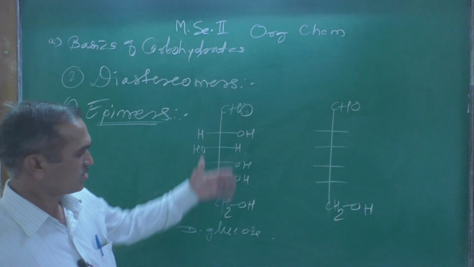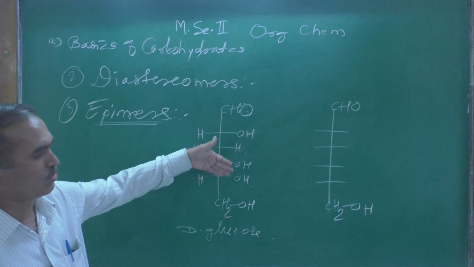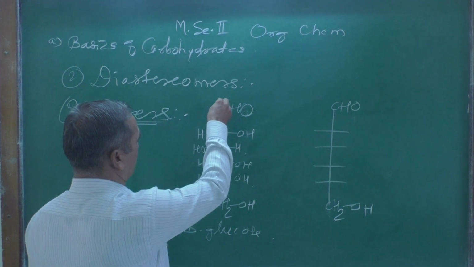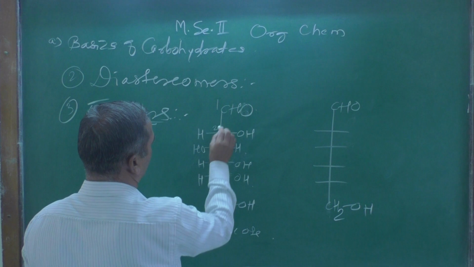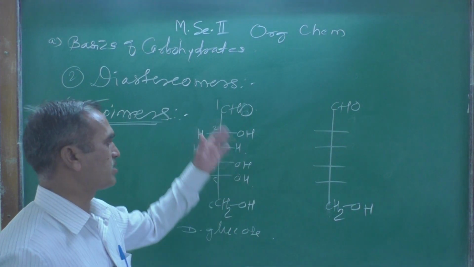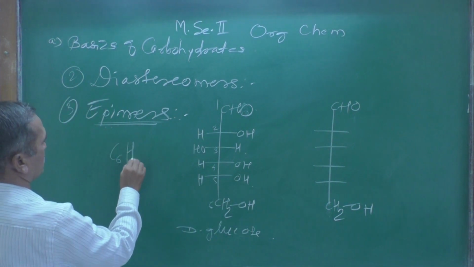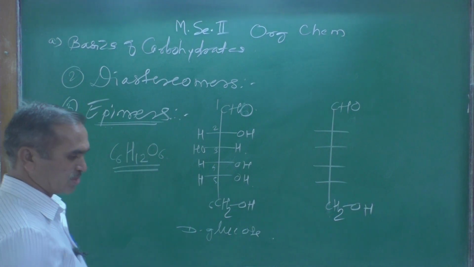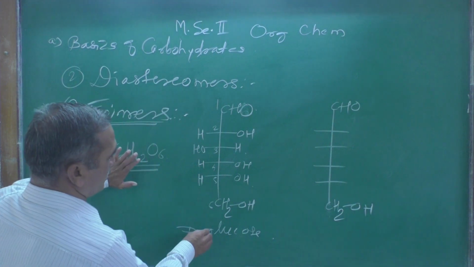This is the structure of D glucose. So here two hydroxy groups are adjacent to each other on the left hand side. If you number the carbon atoms 1, 2, 3, 4, 5 and 6, there are 6 carbon atoms. As we know, the molecular formula is C6H12O6, the general molecular formula of glucose. This is D glucose.